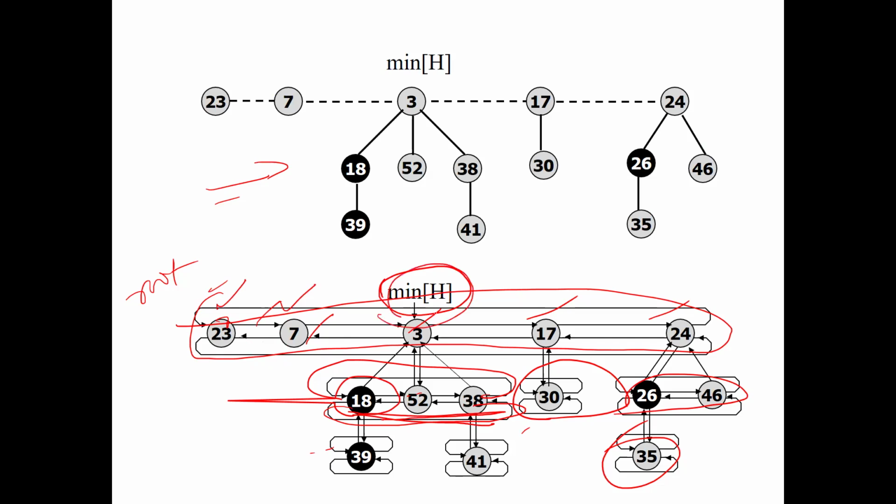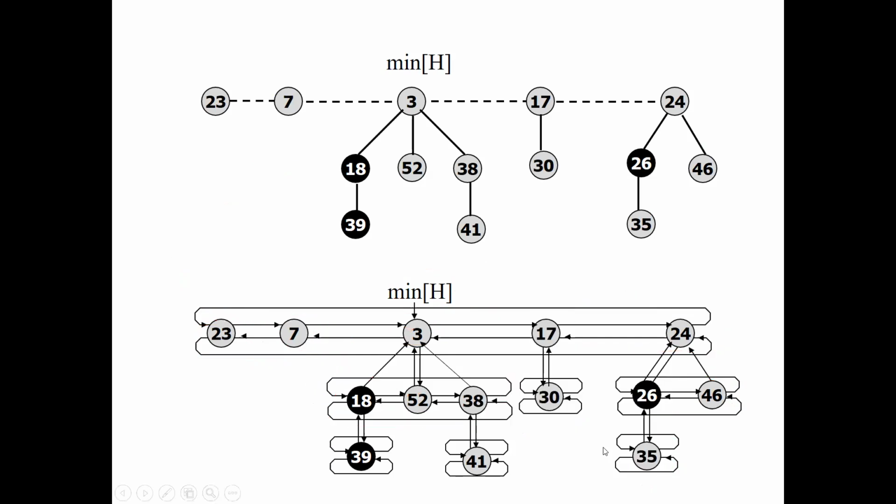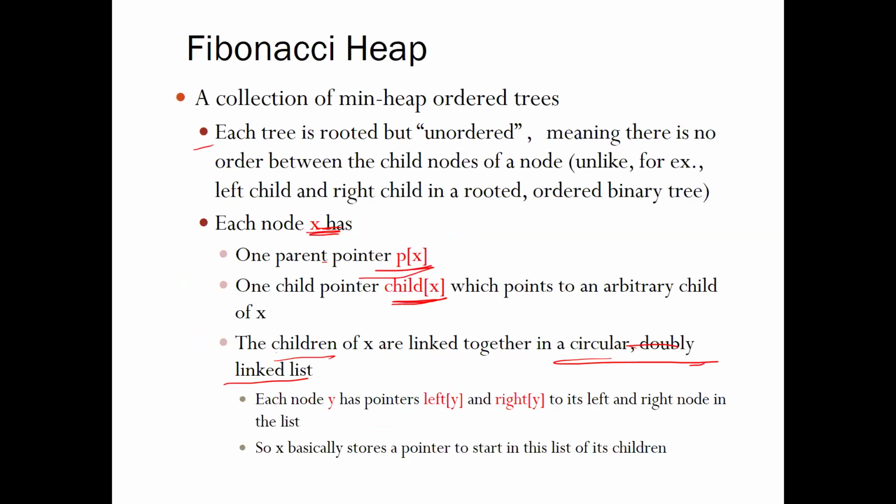And one of them will be marked as min of H. Why? Because that is the most minimum among all the root nodes. So the root list also is joined together by a doubly linked list, and that is circular also. So you can see here, each node will have a parent pointer, it will have a child pointer, and the children will be linked to each other using pointers named left and right.